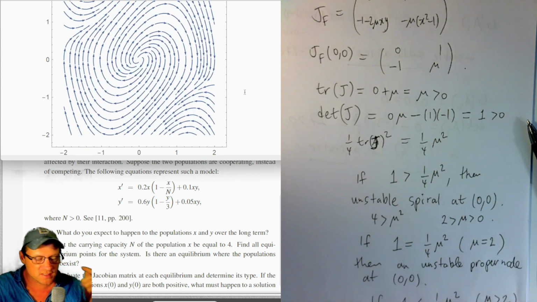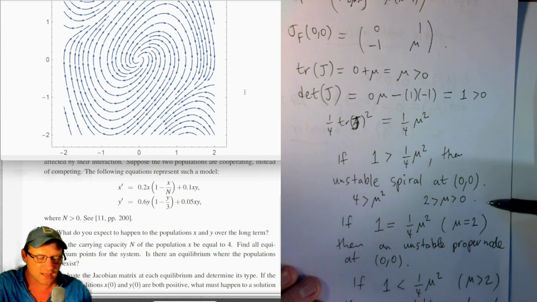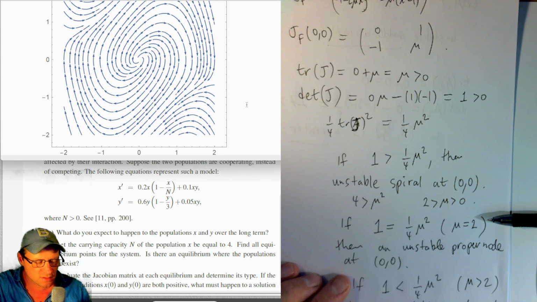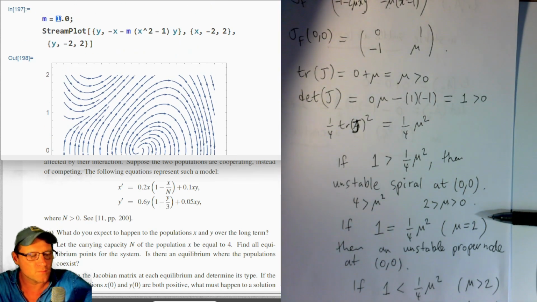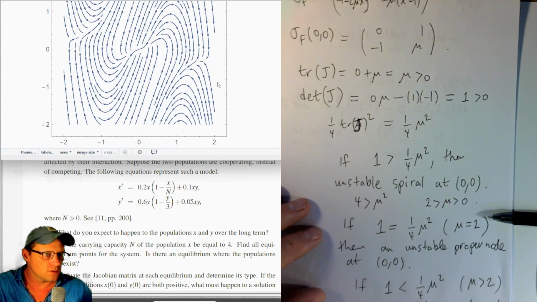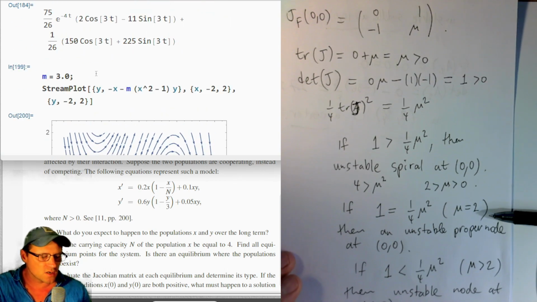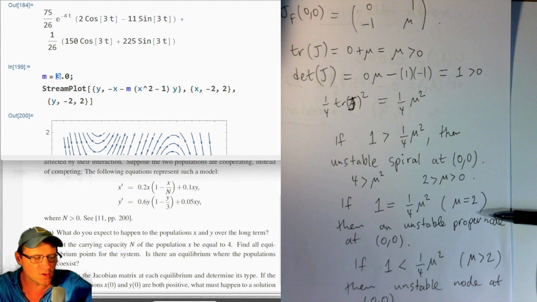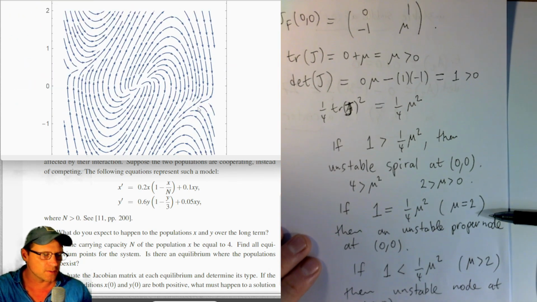Okay, so we have an unstable spiral there at 0, 0, exactly as we predicted. All right, now let's choose a value that is greater than 2, say 3. And now we have an unstable node at the critical point 0, 0. Okay, so at 2 itself, we should have a proper node there near that critical point 0, 0. So there's a proper node there.